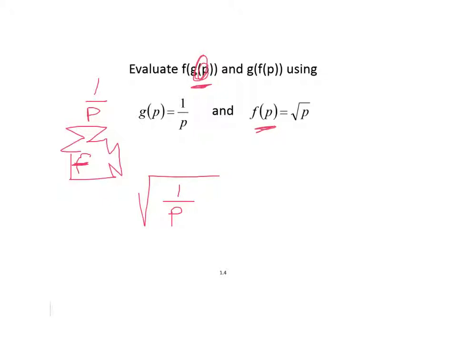Sometimes it doesn't clean up. This one does. Yeah, I can take the square root of the top and the square root of the bottom. So that could be 1 over the square root of p, and we could leave that alone. Should rationalize, but we aren't going to worry about that. So that's the first part. Yeah, it's f of g of p.